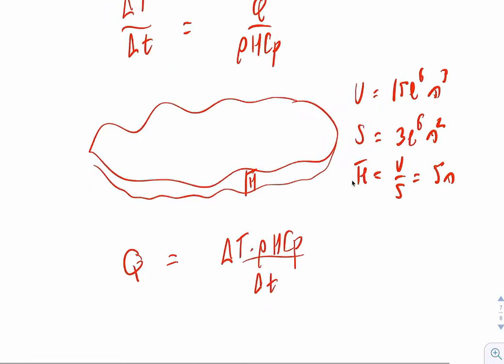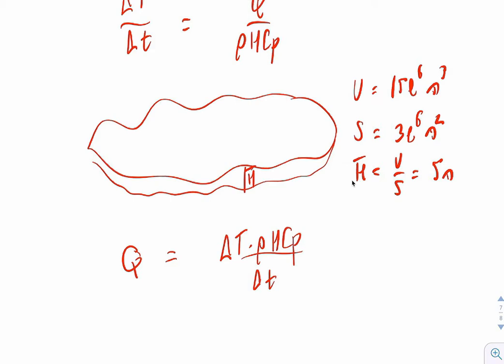So I can see here if I want to raise the temperature by a larger number, my delta T goes up, I'm going to need more Q. If I have a higher specific heat, I'm going to need more Q. If the density is higher, I have more mass in this volume, I'm going to need more Q. If the depth is greater, I'm going to need more Q, more heat flux.